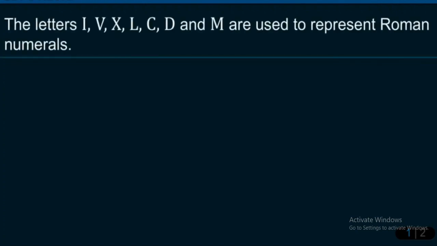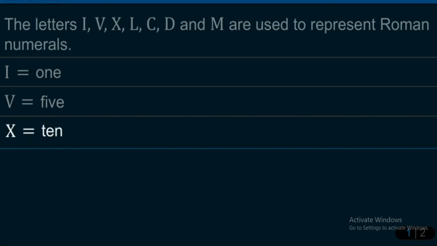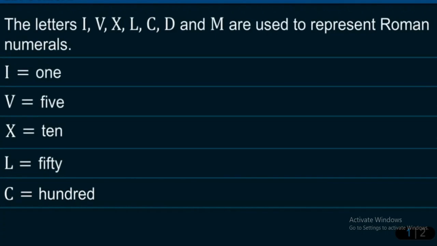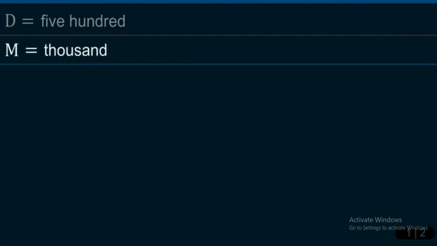In this module, you learnt that the letters I, V, X, L, C, D, and M are used to represent Roman numerals. I stands for 1, V stands for 5, X for 10, L for 50, C for 100, D for 500, and M stands for 1000.